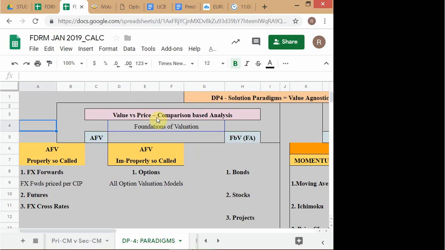So in all these techniques, the framework you're using is comparing value to price. Typically the way you use this framework is, if you find that price is below value, what will you do? Will you buy or sell?